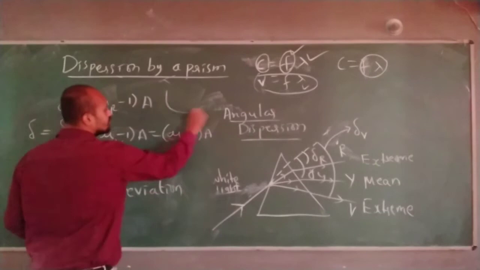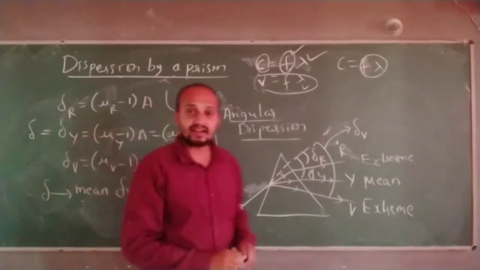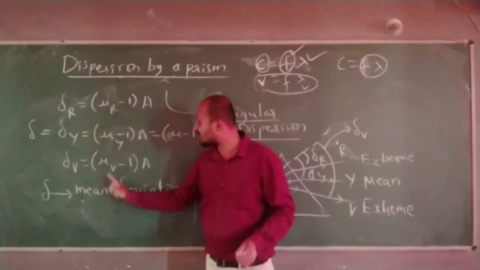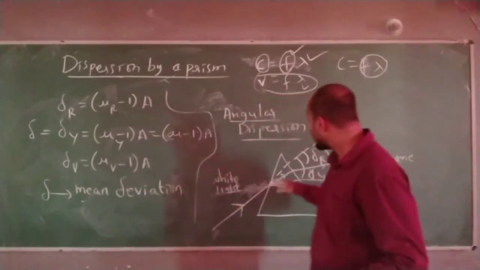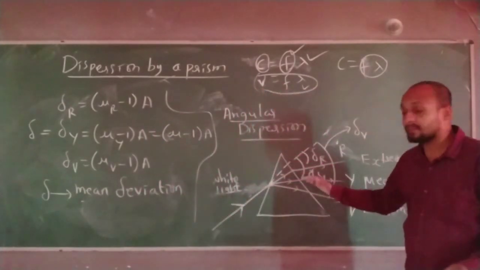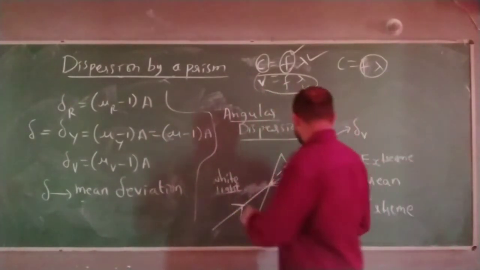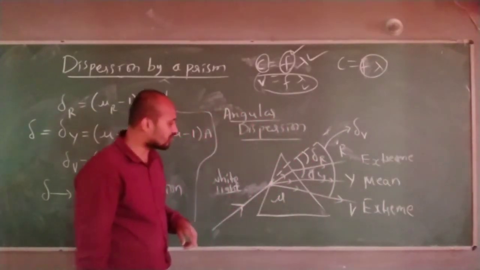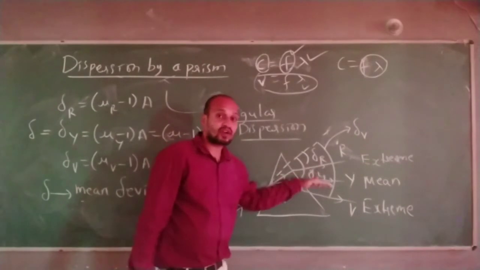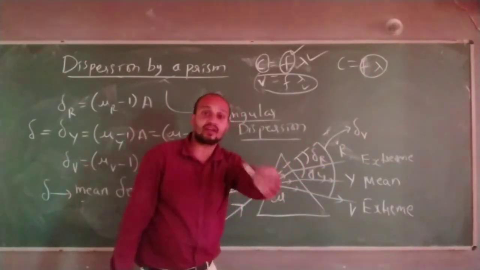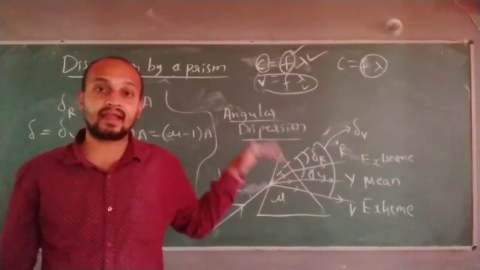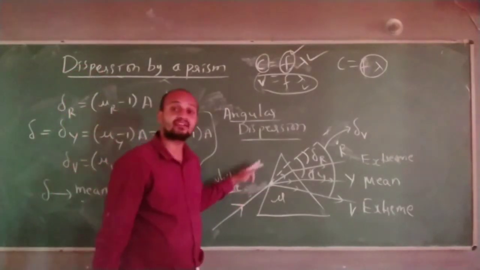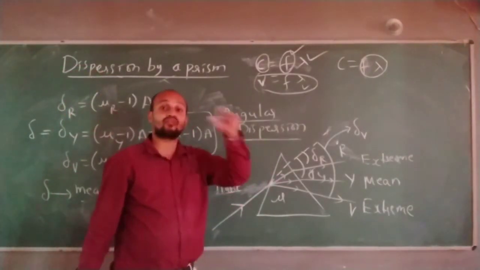This is the mean, and this is for red. This is for violet. Of course this material has a refractive index mu, but one thing you observe: they are bending in a different manner, meaning each light is acting like a different refractive index.